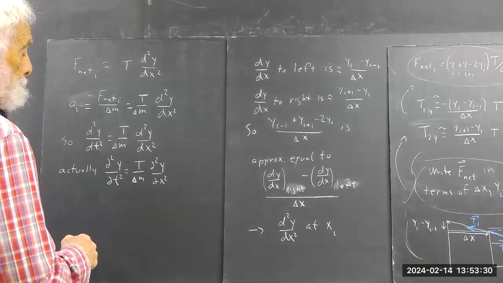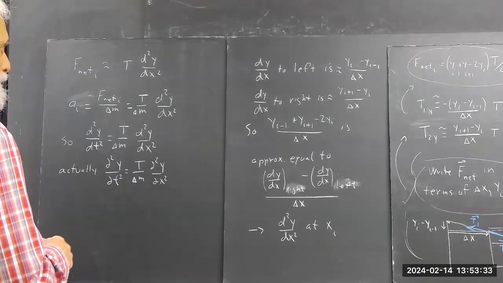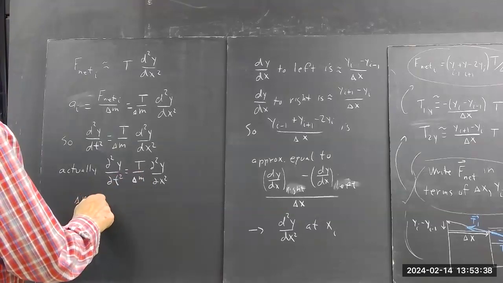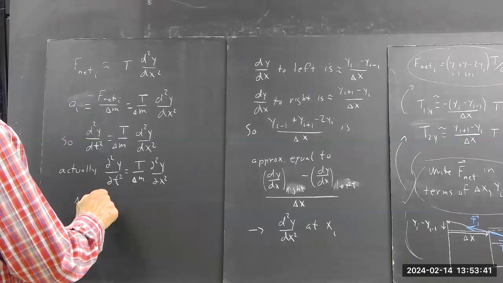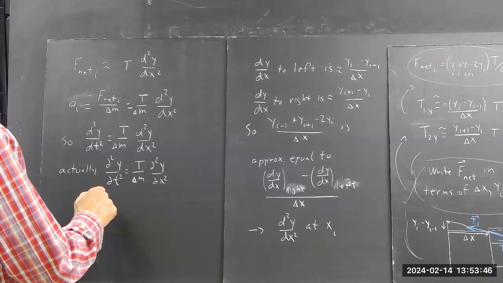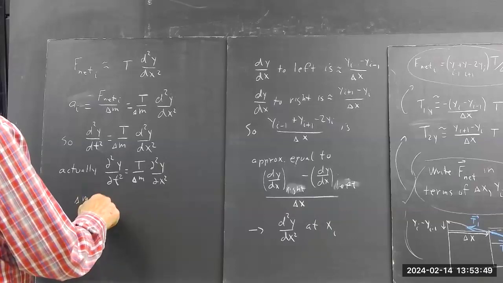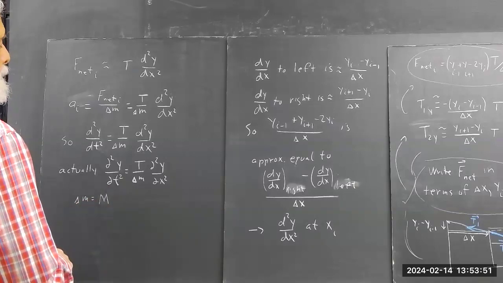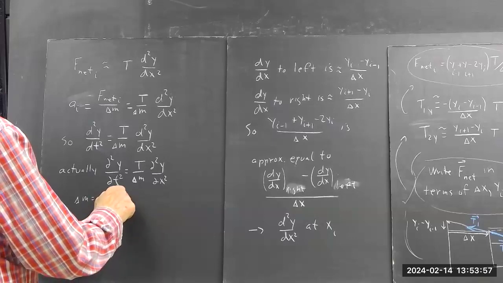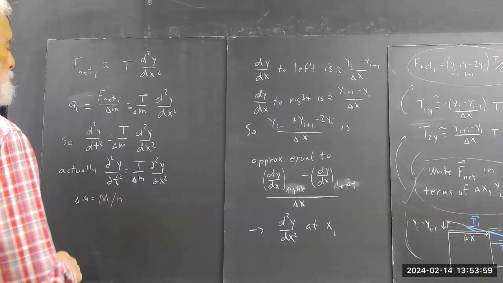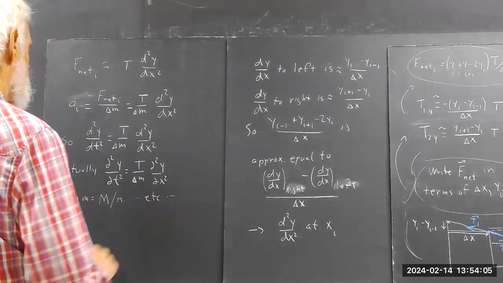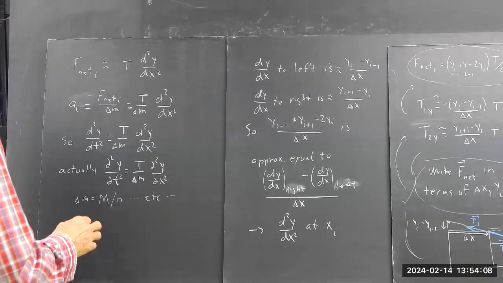Okay. Delta m equals the total mass divided by the number of increments in your partition, etc. You know, we're out of time.